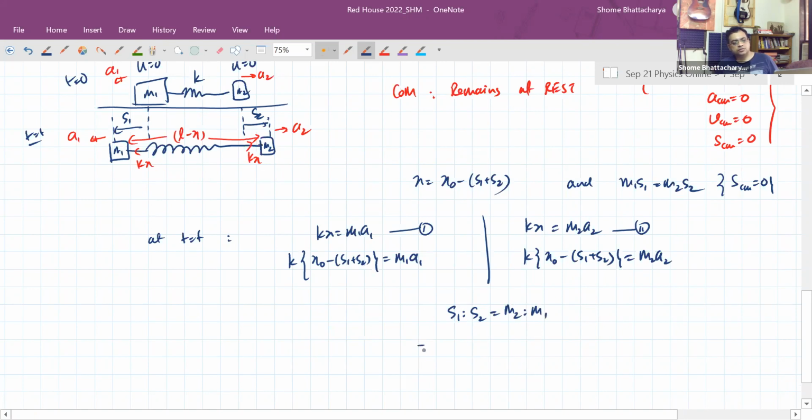Therefore, S2 can be written as M1 upon M2 S1, and S1 can be written as M2 upon M1 into S2. So we can substitute this here. We can substitute this here. So we'll get the individual equations.